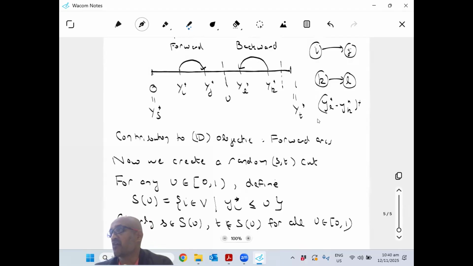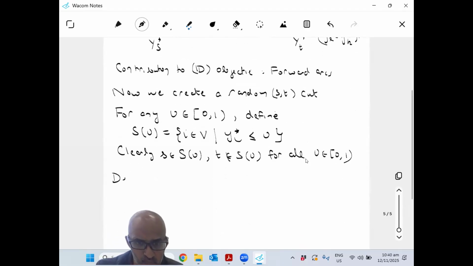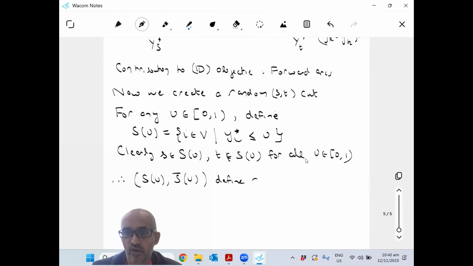This is almost by definition, because ys star is 0, yt star is 1. Therefore, S of u and S bar of u, which are the nodes that do not lie in the set, define an ST cut for all u.